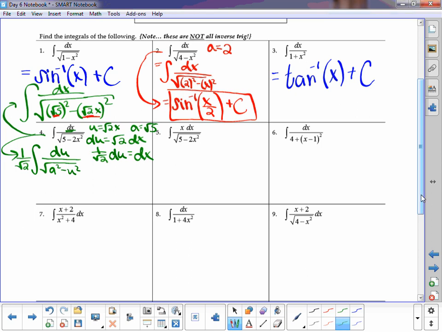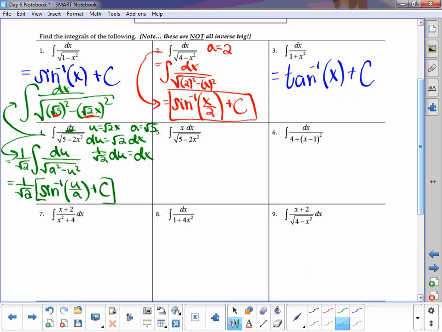Are we good so far? Questions on that? Okay, so again, just doing our normal u sub, and now it's in that format that we can integrate. You said it looks like inverse sine. So we have our constant hanging out in the front. The antiderivative of this is again inverse sine of u over a plus c.